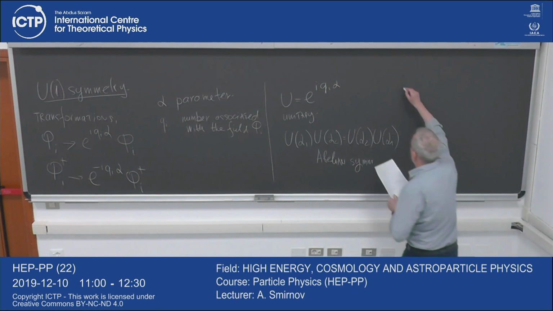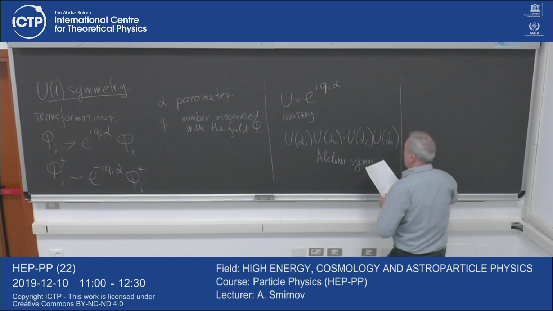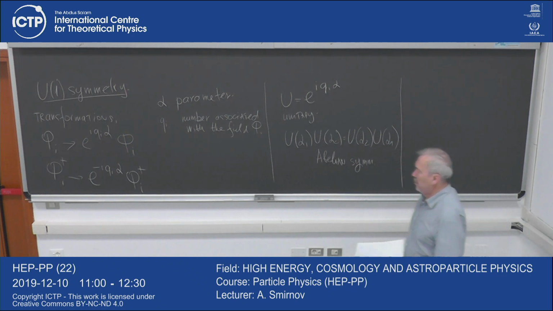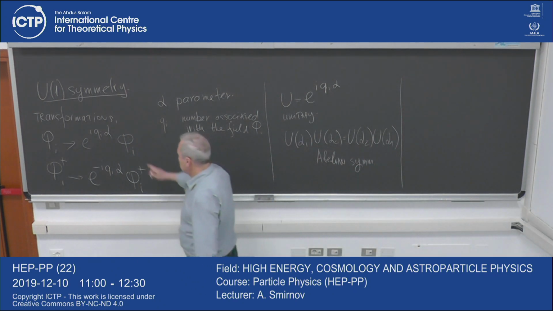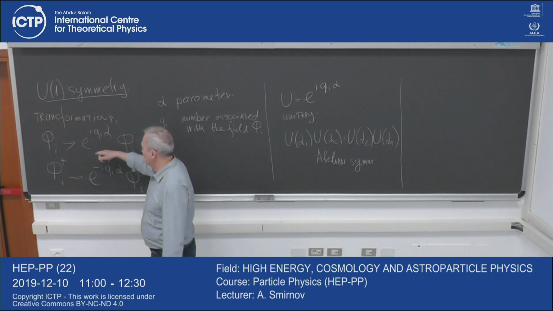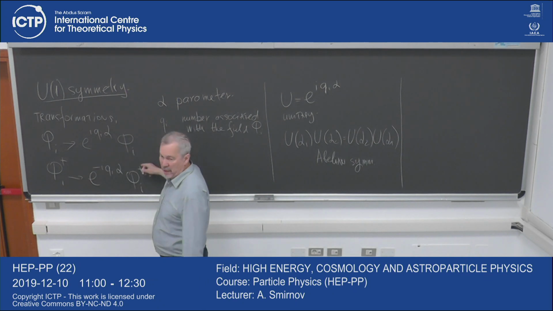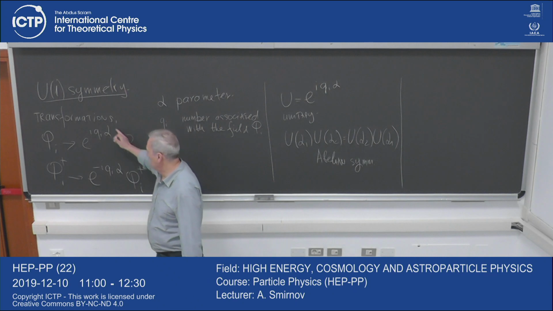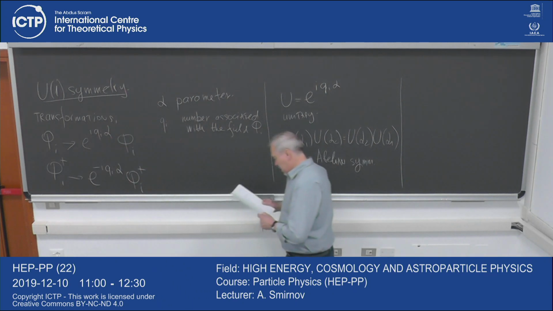Under the U1 transformation, the field acquires a phase, but this is the same field, so we have no transformation of phi_i to phi_j, a different field, only the phase appears.